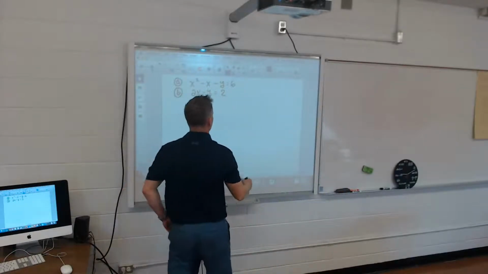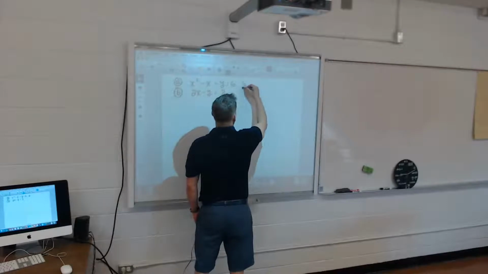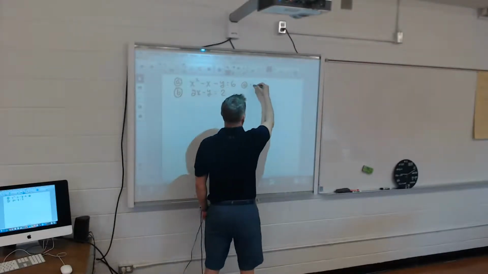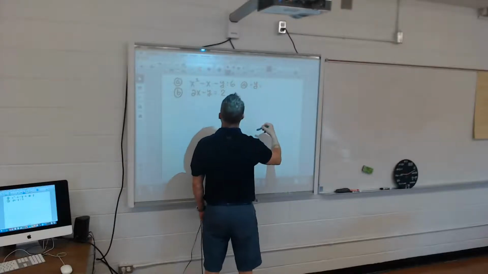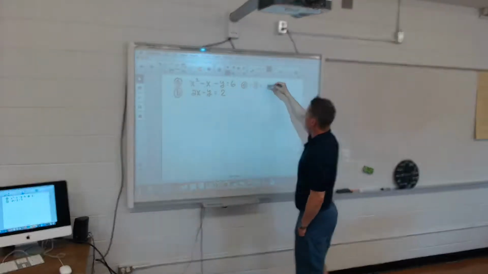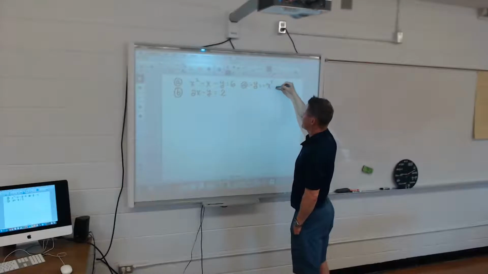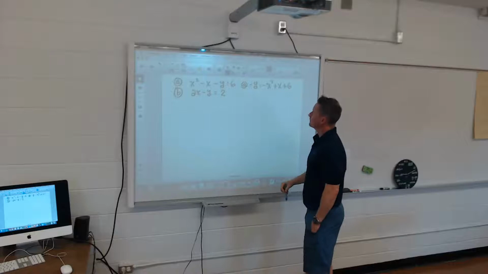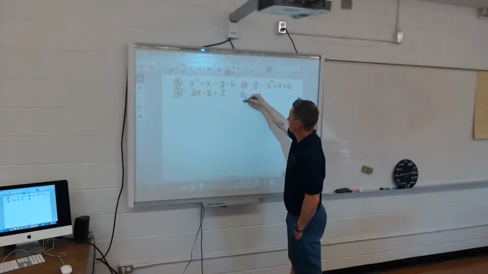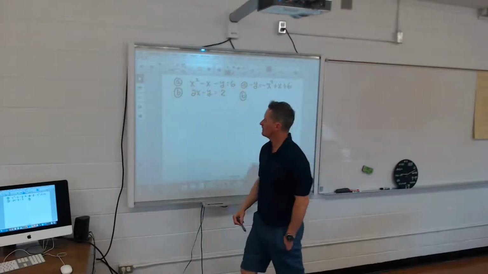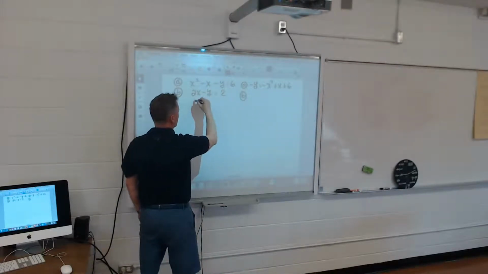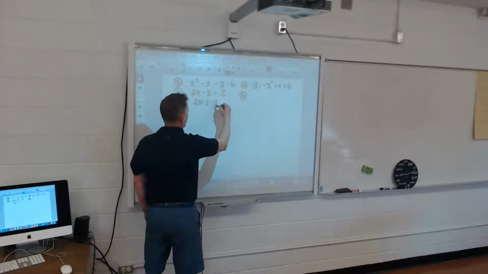So in equation A, I'm going to go minus y equals minus x squared plus x plus 6, okay? And in B, I'm just going to add the y to this side and subtract the 2. So I'm going to end up with 2x minus 2 equals y.